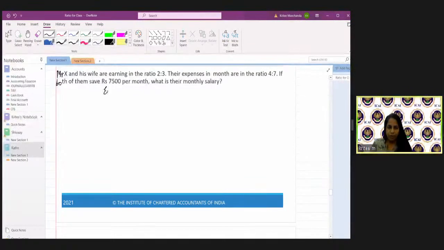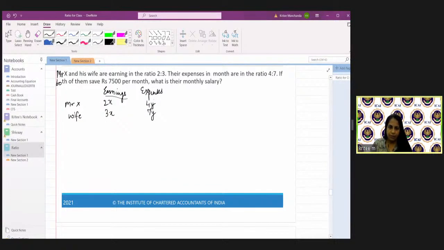So what we can do is, I say earnings of Mr. X and his wife would be 2x and 3x. Expenses are 4y and 7y. Why I'm taking y as a different number? Because of course it's a different variable.